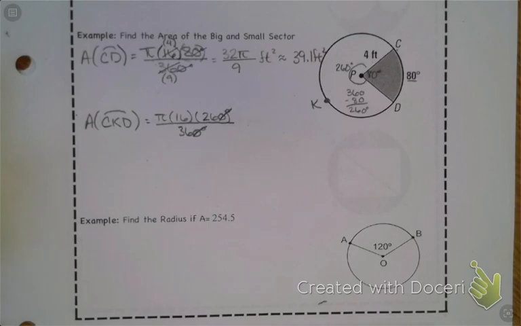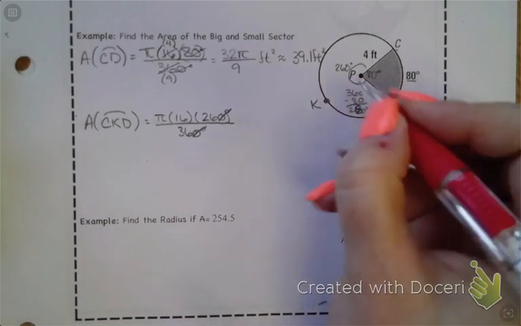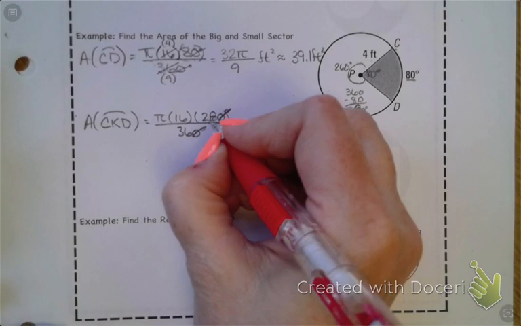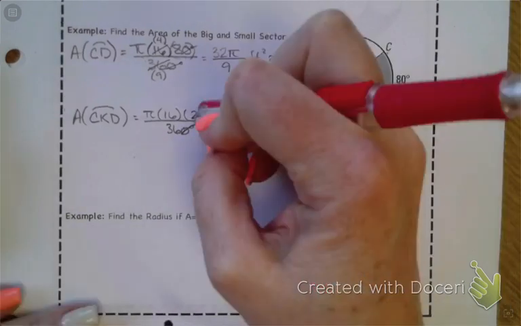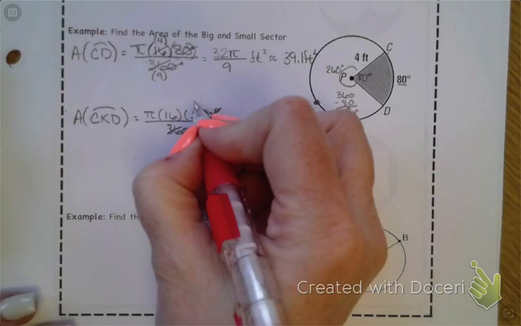How about I subtract correctly? This would be 280. I did that in class as well. My brain evidently doesn't want to subtract correctly today. Okay, so this is 28. So I like to see, I get this, 4 goes into both of these, so 7 and 9.